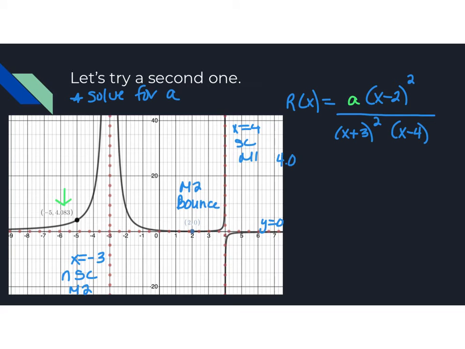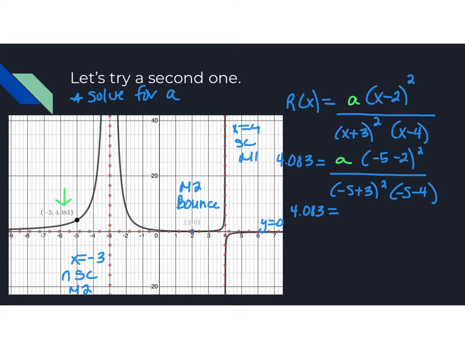So this is 4.083. Again, we're solving for a. We're going to use that x value of -5 to solve for a. I like to do some of the simplification and multiplication before I grab my calculator.